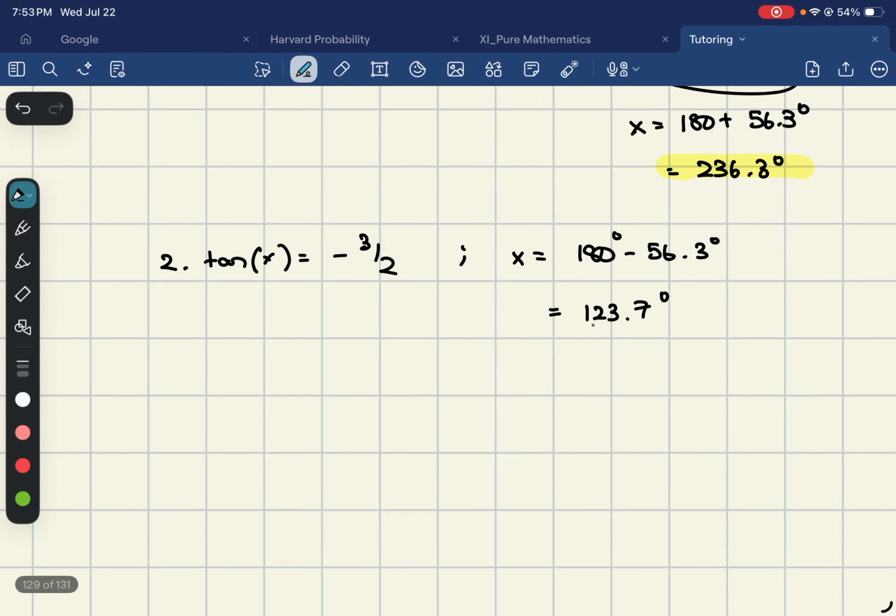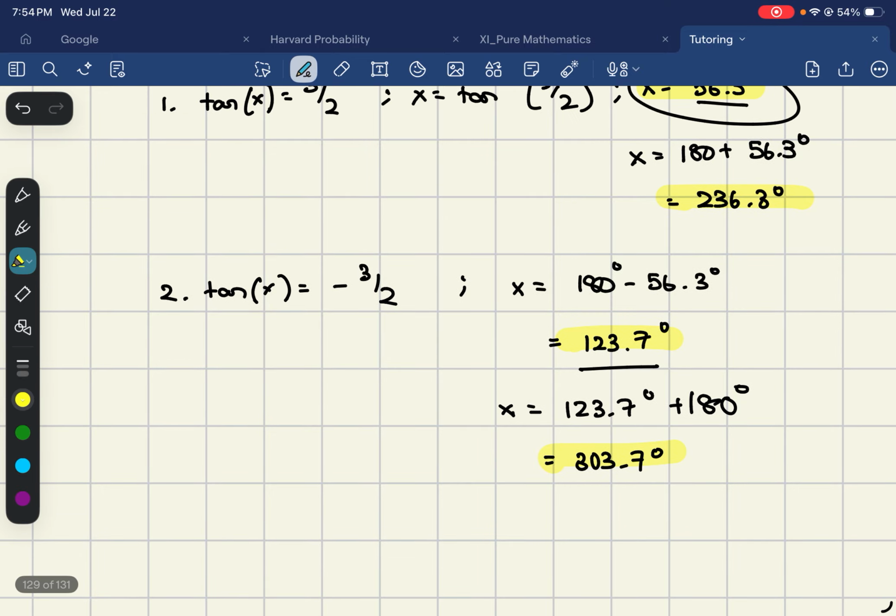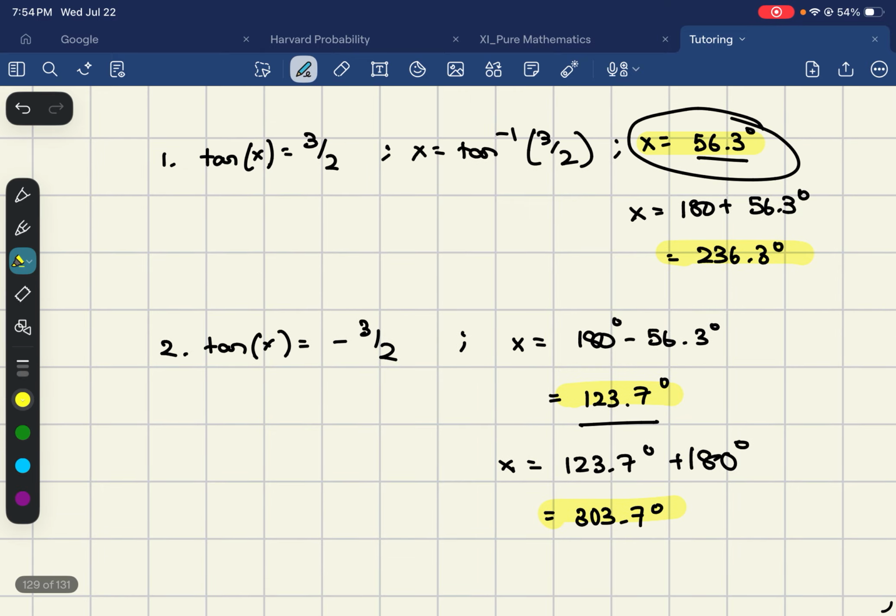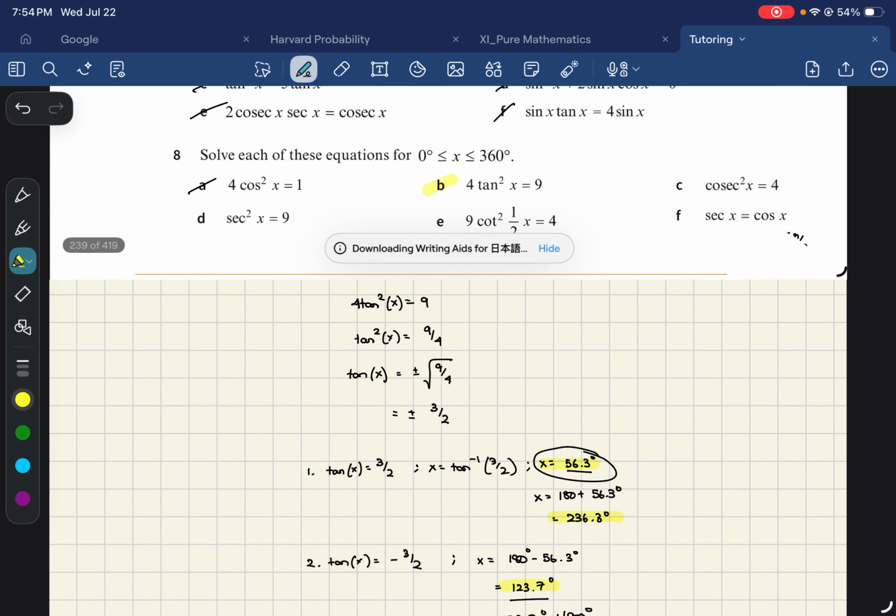And if I know one angle for which I get negative 3 over 2, the other angle is just going to occur periodically. So I just need to add 180 to my answer. So it's just 303.7 degrees. So my four solutions are 123.7, 303.7, 236.3, and 56.3 degrees. All right. So these are our solutions for B.